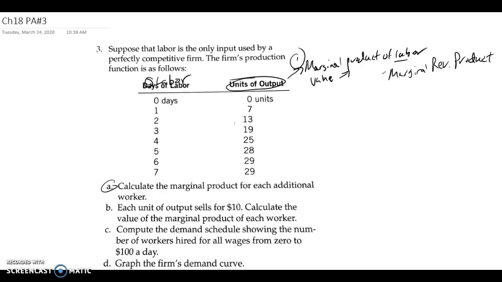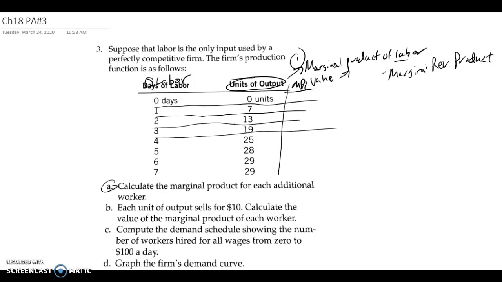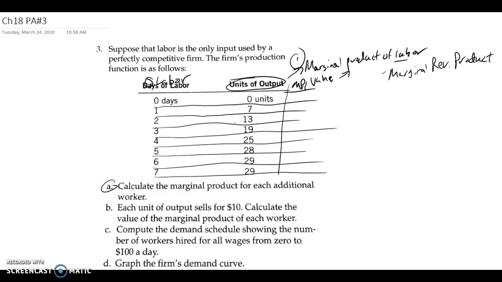And so we're going to make an additional column for that one, and we're going to call it the marginal product of labor. And marginal product of labor is really just looking at how much does each worker increase our output by. So if we draw in our lines here, we can calculate our marginal product of labor. It's pretty simple. So if I have 0 workers working at all, I have no marginal product of labor.